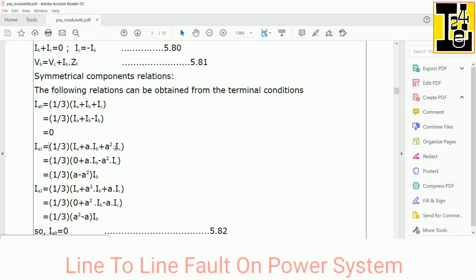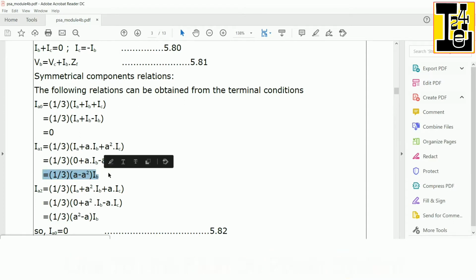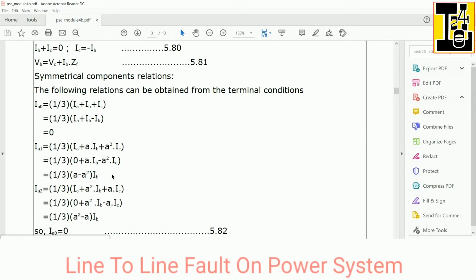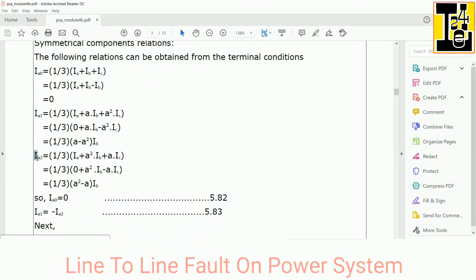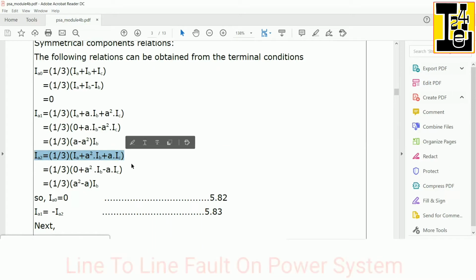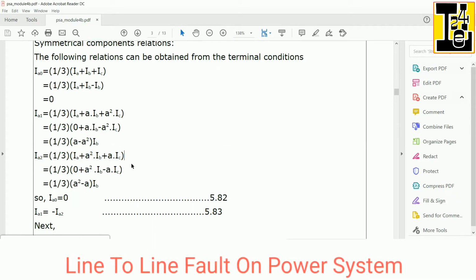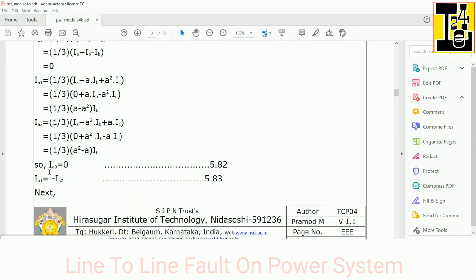Substituting the expression for IC, we will get IA1 equals 1/3 into (a minus a squared) into IB. IA2 equals 1/3 into (IA plus a squared IB plus aIC). Substituting the expression for IC in terms of IB, we can write IA2 equals 1/3 into (a squared minus a) into IB.